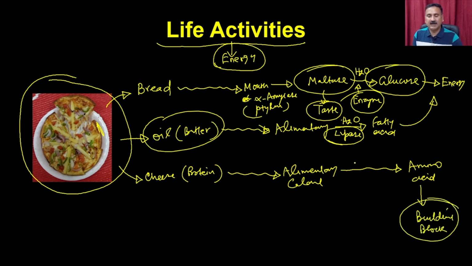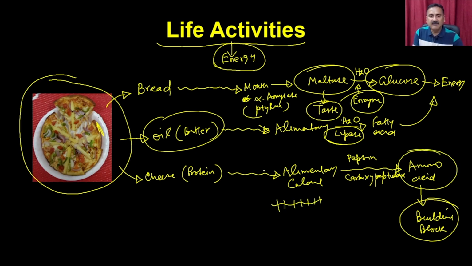But here also you have a lot of enzymes, like pepsin and carboxypeptidase and other enzymes which break down the protein into smaller fragments, and these smaller fragments are nothing but the amino acids.